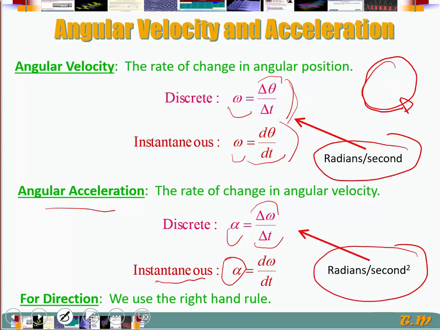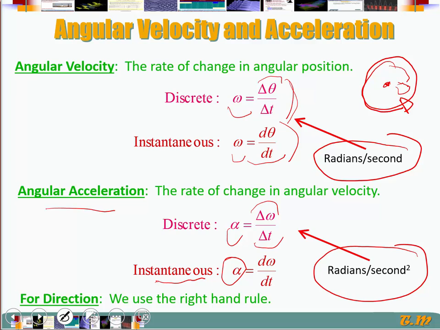The only thing that does not change for a merry-go-round when it is going around is the axis. And the merry-go-round is going to rotate about that axis in one direction or the other direction.